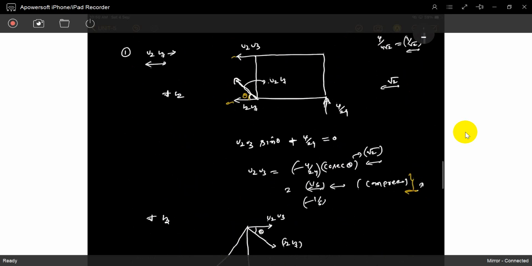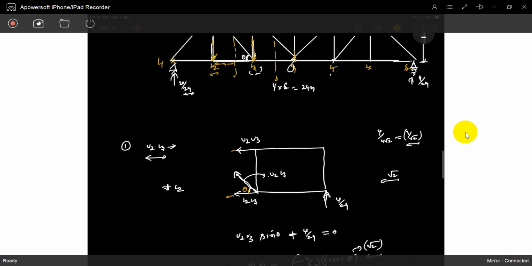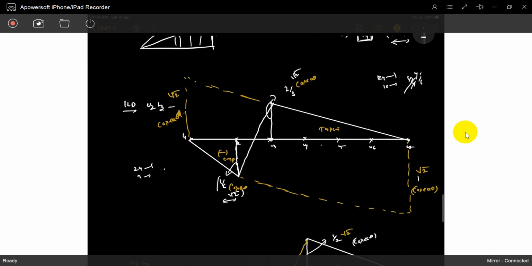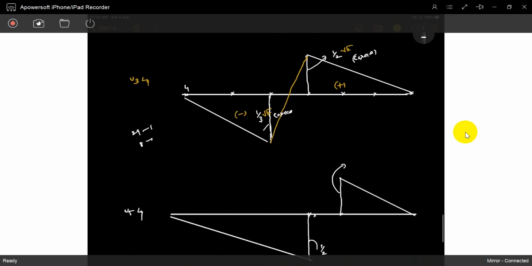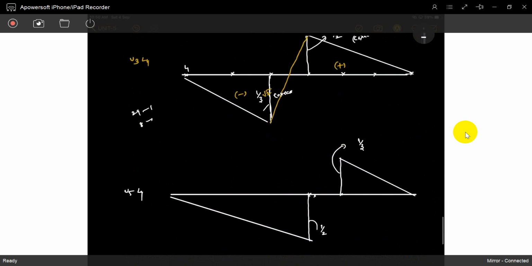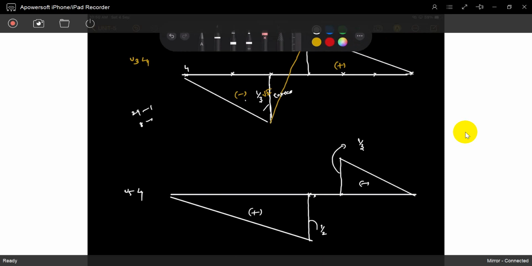So just see L5. What is L5? 8, which means 8 by 24. It's 1 by 3. You will get 1 by 3. So exactly opposite, it's negative. It's a compression, it's a tension. It's positive, it will come negative. Just join those two.